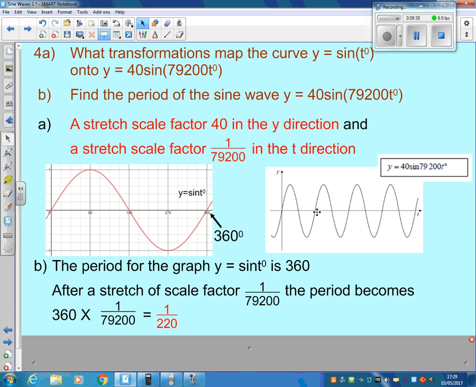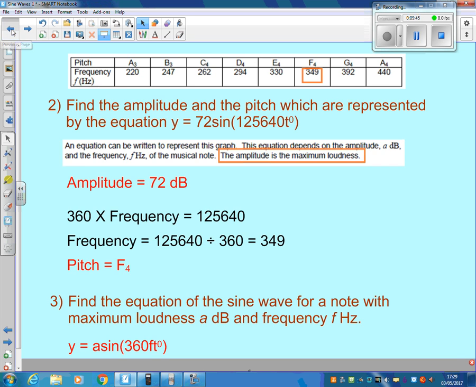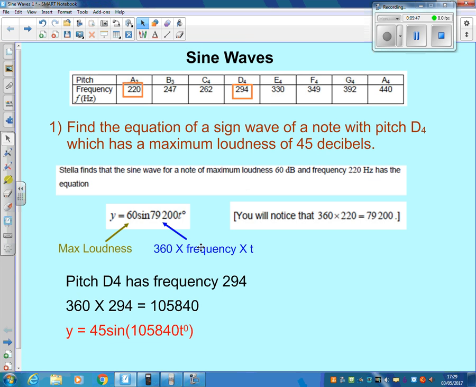But there's an easier way to spot it. This graph here, if we go back a bit earlier, we'll see that there's the equation, 79200t there. Notice the frequency for that one was 220, that one there, 360 times 220, that's our frequency.